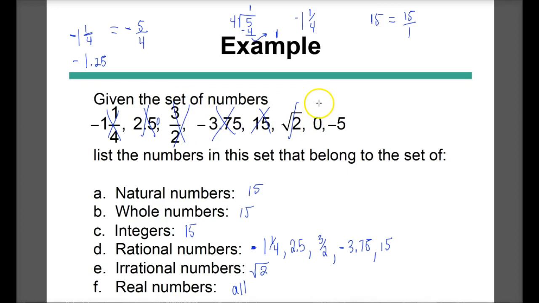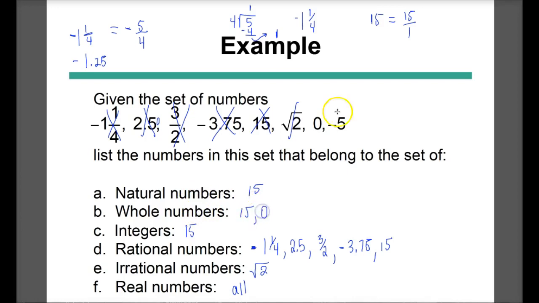Now for the number 0, we know that 0 is not a part of the natural numbers because we know that for natural numbers, we have to start with the number 1 and go up like 1, 2, 3, 4, 5. But it is a part of the whole numbers because we know whole numbers is just all the natural numbers with 0 added.